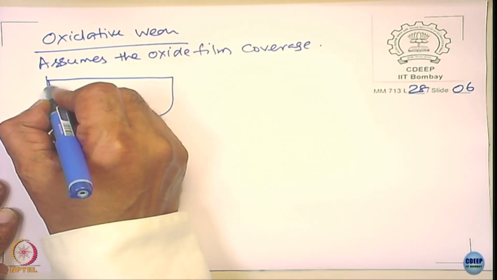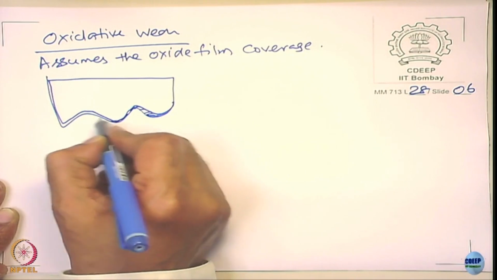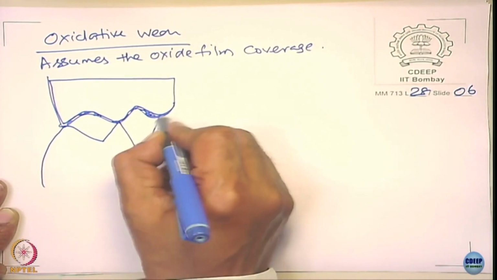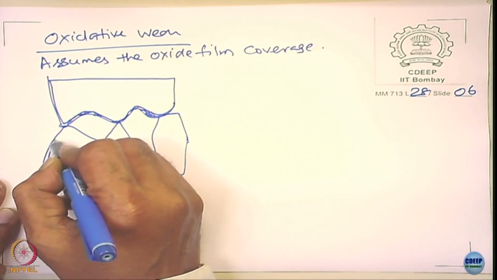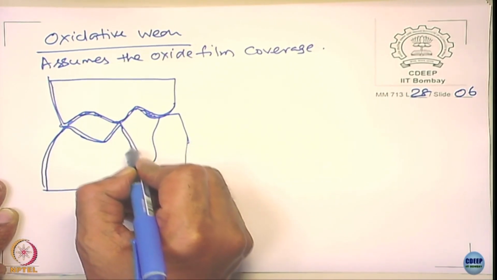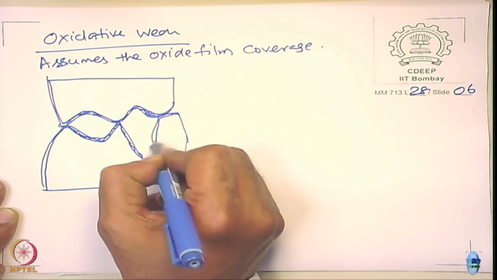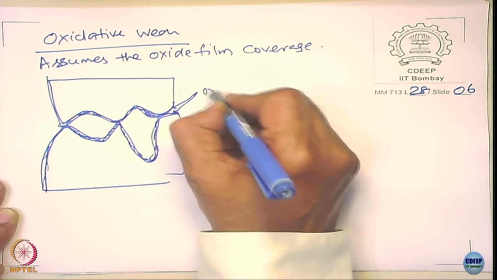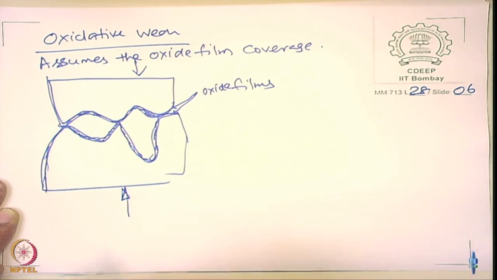So these are all oxides, right? These are all oxide films, and the interface is under load of course, and there is a vibration or shear that takes place.